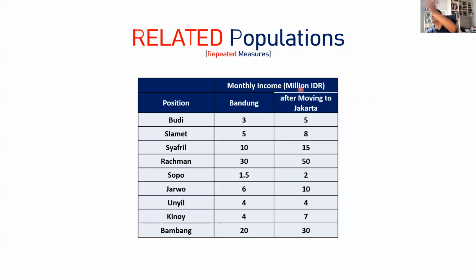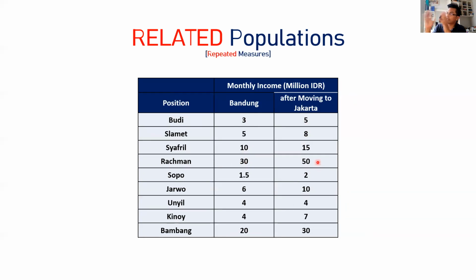And after he moves to Jakarta, the monthly income becomes 5 million. And for example Rahman, when he was staying in Bandung, the monthly income was 30 million rupees, and then after moving to Jakarta, the salary becomes 50 million.